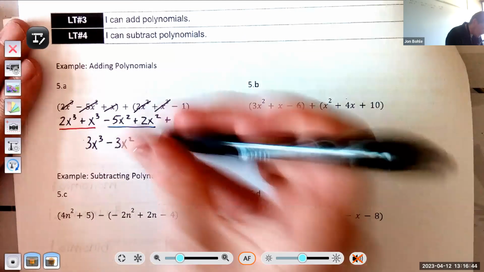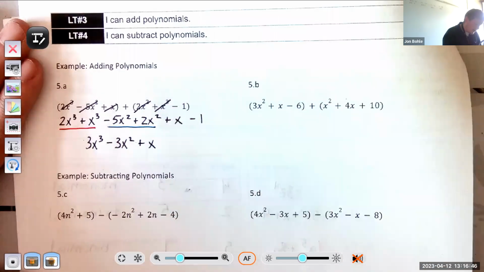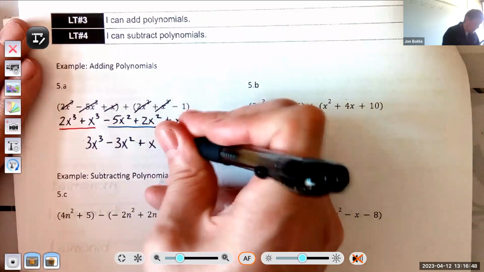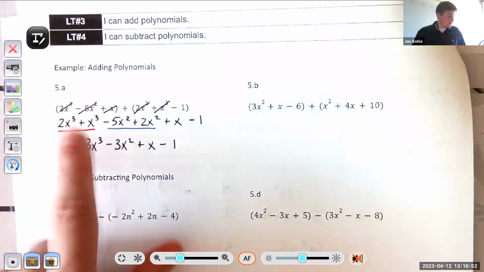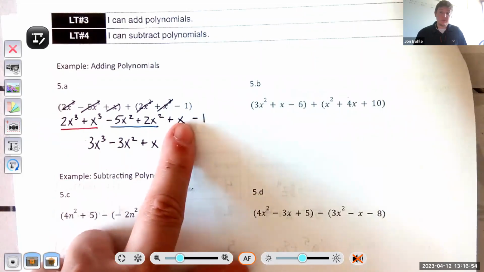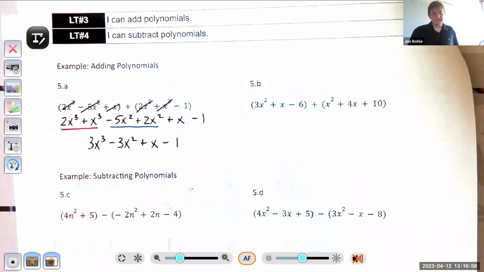Nothing combines with this x, so I just get to copy it down. And nothing combines with this constant, so I'm just going to write it down. And then this is my answer. Again, cubes with cubes, squares with squares, x's with regular x's, and constants with constants. Okay, so that's how you add.